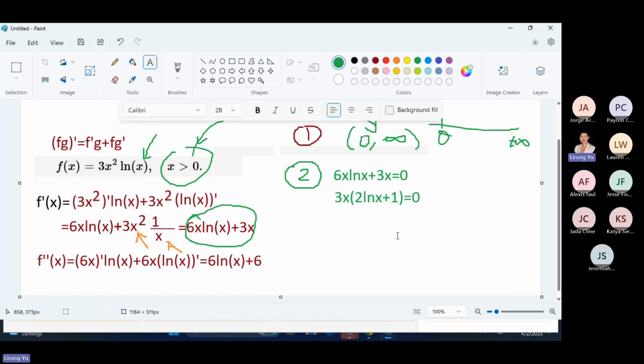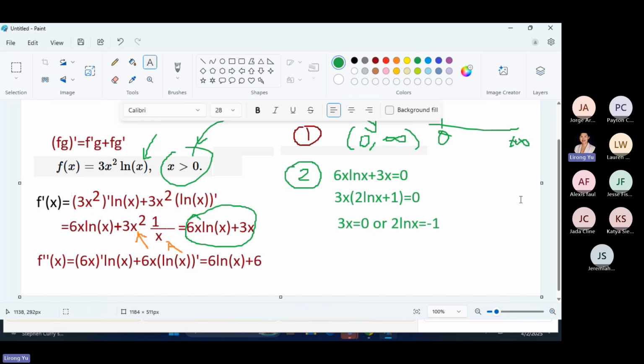As before, if you're solving an equation, being able to factor for a 0 on the right side of the equation matters, because 0 is a special number where a factor of 0 has to be 0. At least one of them got to be 0. So we're able to separate the big equation into two small equations. 3x equal to 0 is the first one, or 2 times natural log of x equal to -1 is going to be the second equation.